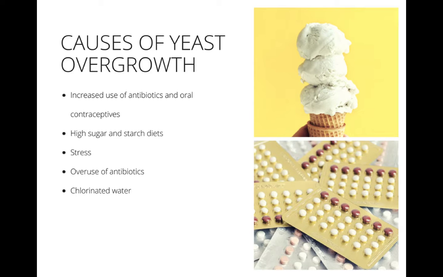Overuse of antibiotics: when we use antibiotics, that clears not only the bad bacteria that you might have, but it also kills off the good bacteria. So if we killed off our good bacteria, then the yeast, since they are opportunistic, find an opportunity to just overgrow. And chlorinated water as well.